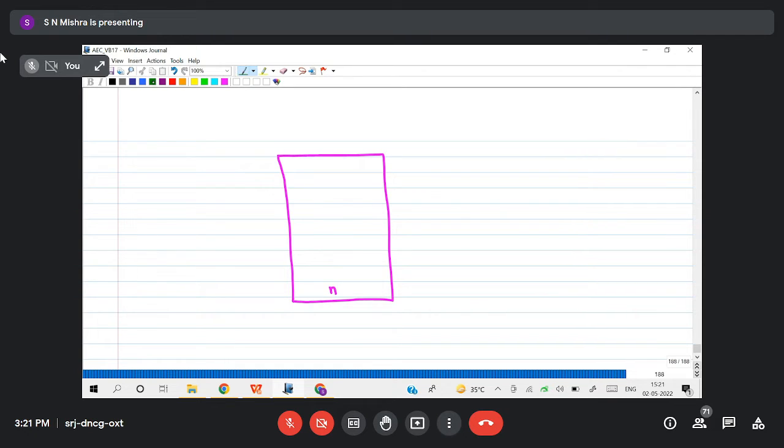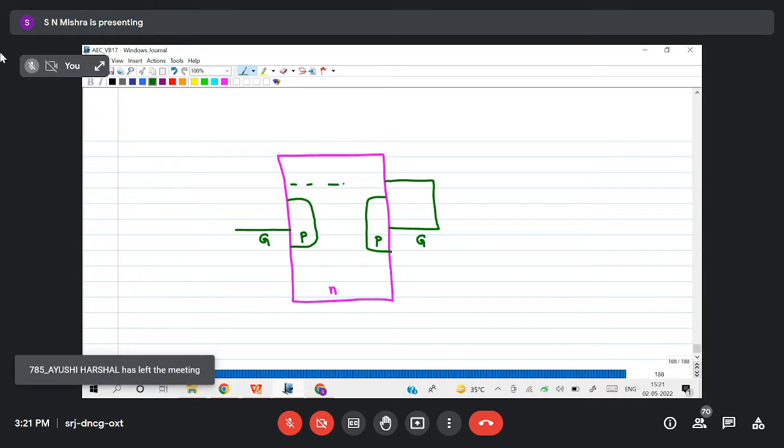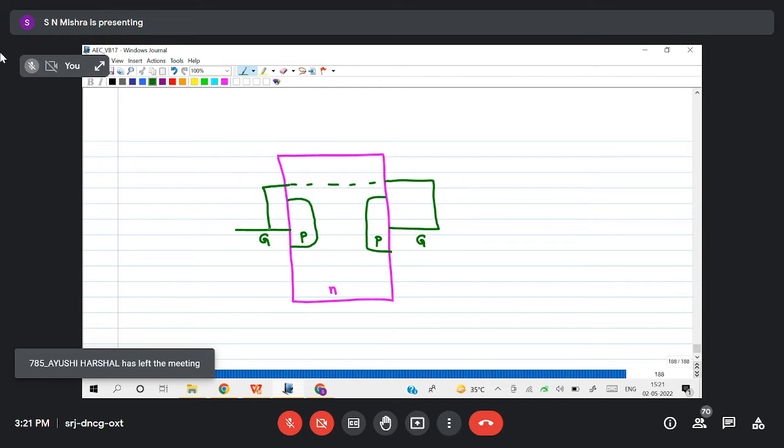Now once you take N-type material, two sides of it will be doped with P-type material like this. This is my P-type material, this is my P-type material. The materials which are P-type are called the gate. So two gates instead of one gate are shown. These two gates are shorted here, so it will work as a single gate, because whatever voltage I give, I connect the same thing to both gates.